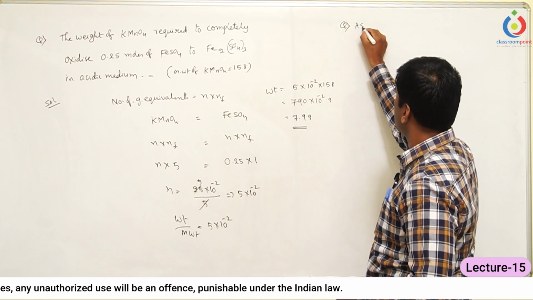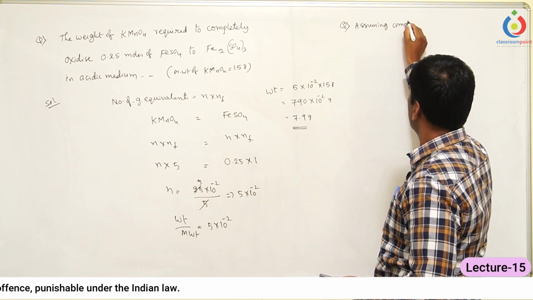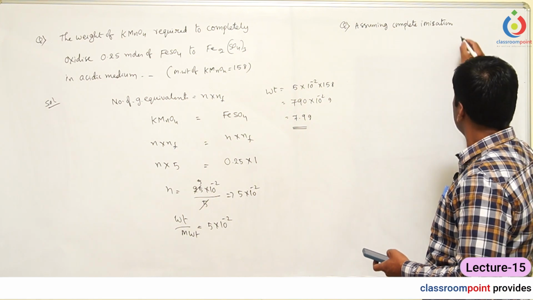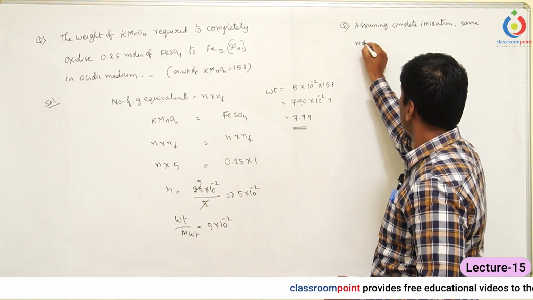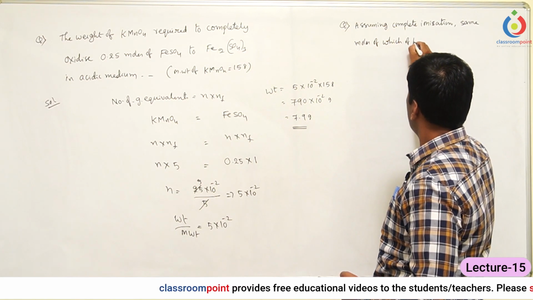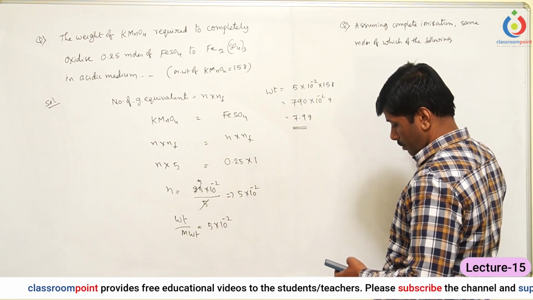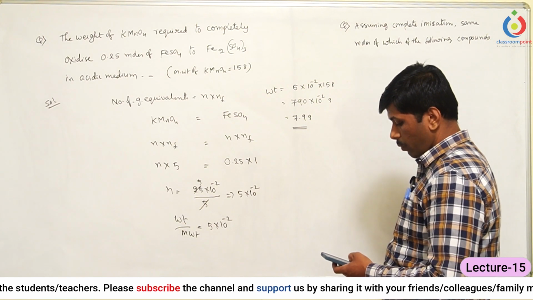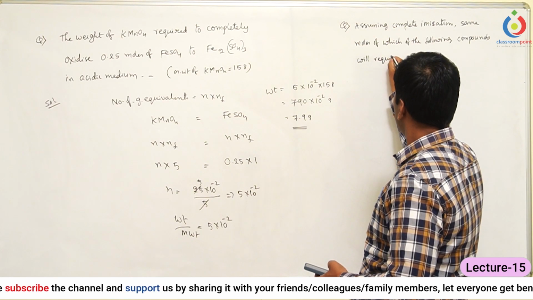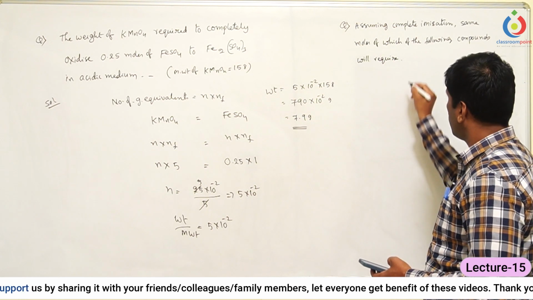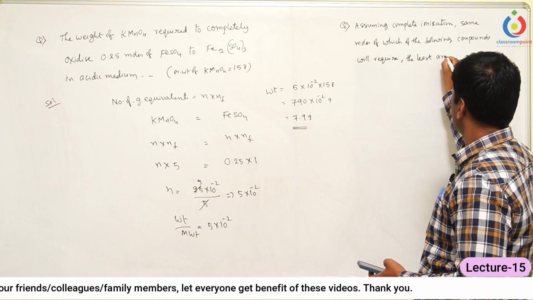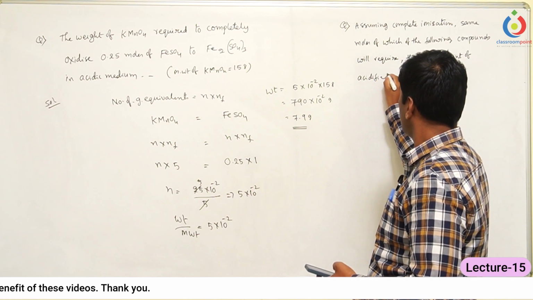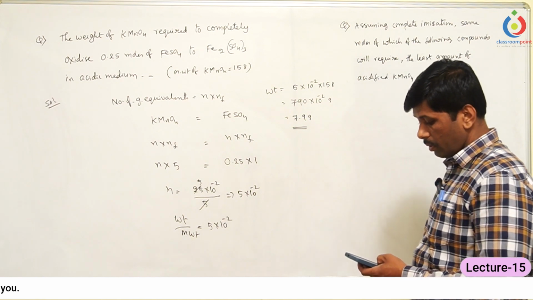Assuming complete ionization, same moles of which of the following compounds will require the least amount of acidified KMnO4 for complete oxidation.